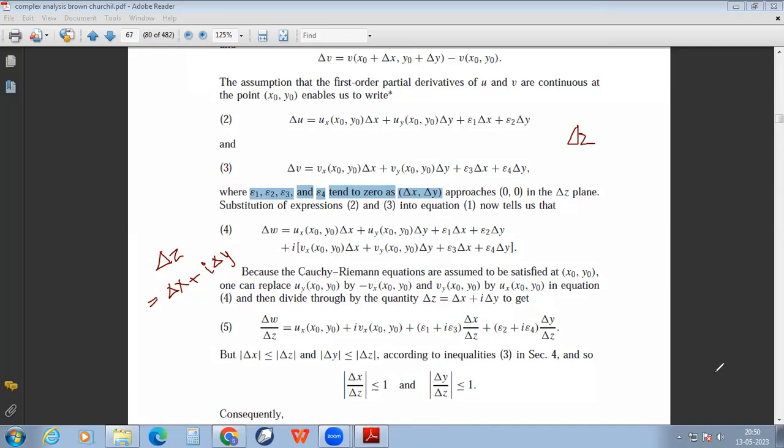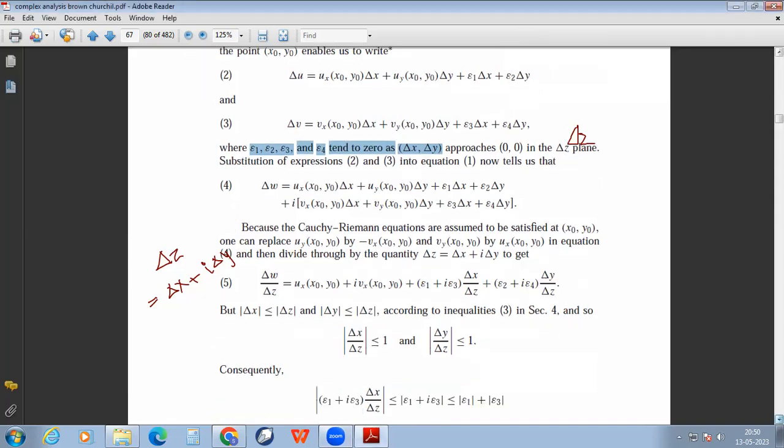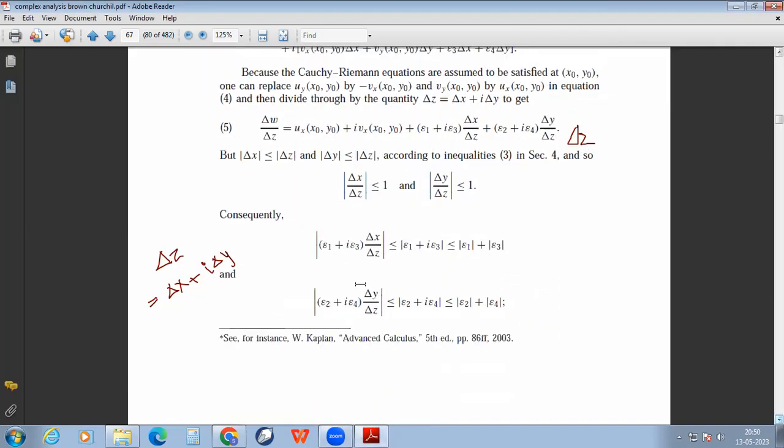And then you apply the limit. So what will happen if you take the mod of this particular expression, this will be less than or equal to the mod of epsilon 1 plus I times epsilon 3, but the modulus of the sum has to be less than or equal to the sum of the moduli individually.